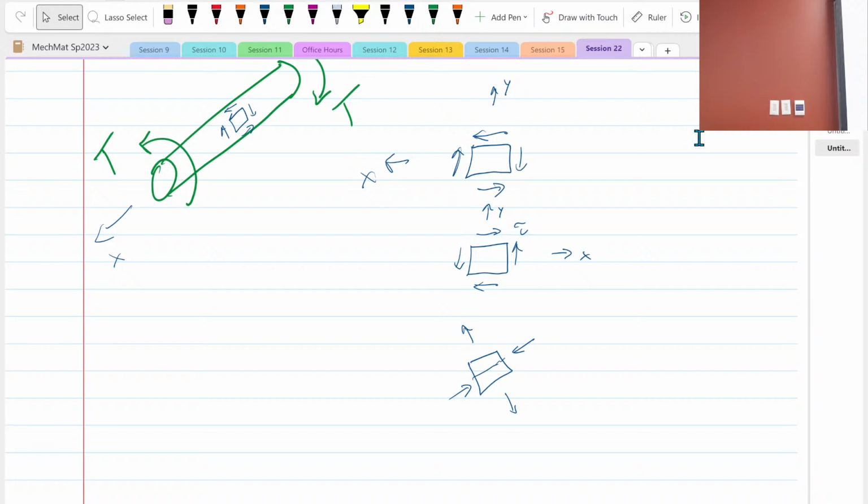You use superposition. Right, superposition. And so now the question was asking for what is the shear stress, right? So now you can calculate out tau x c.